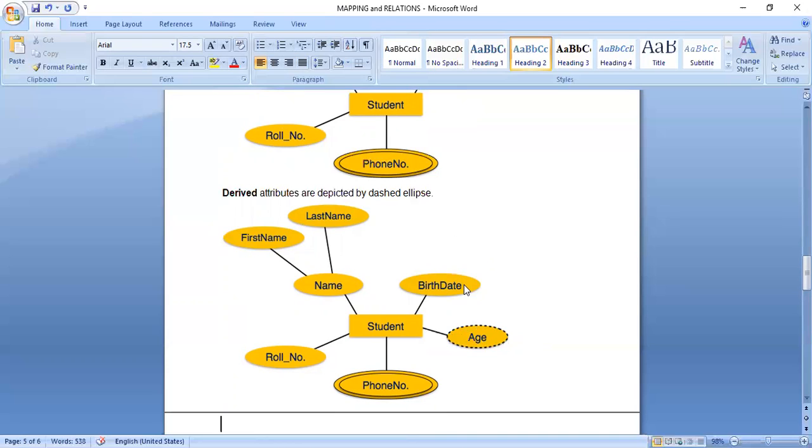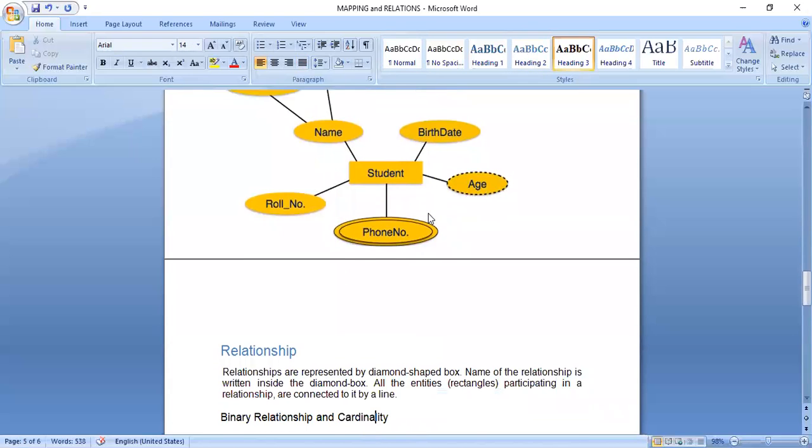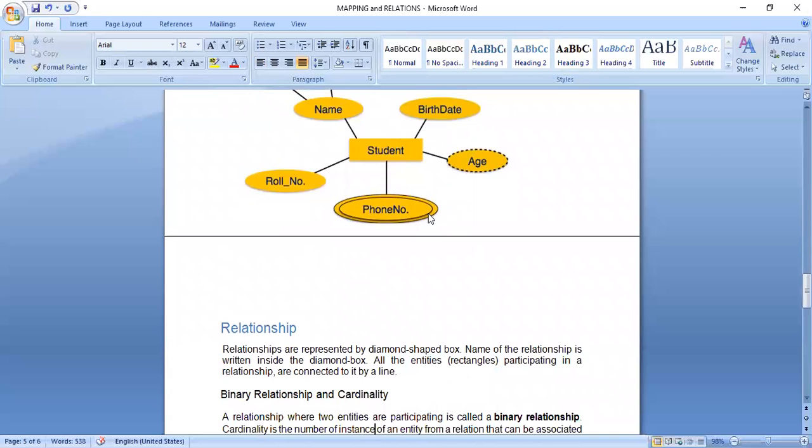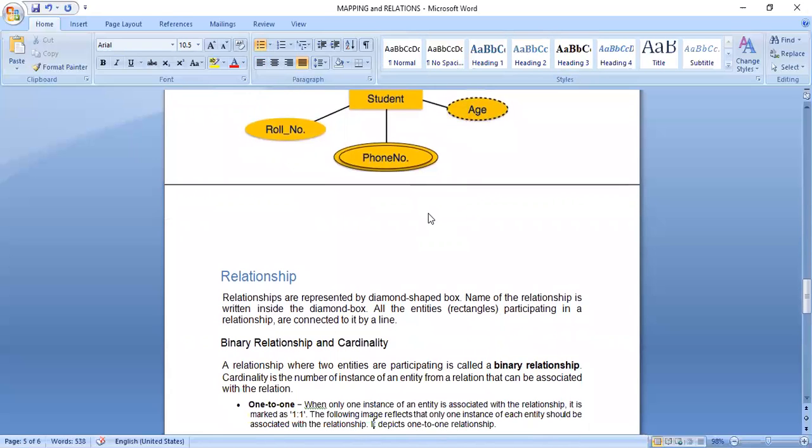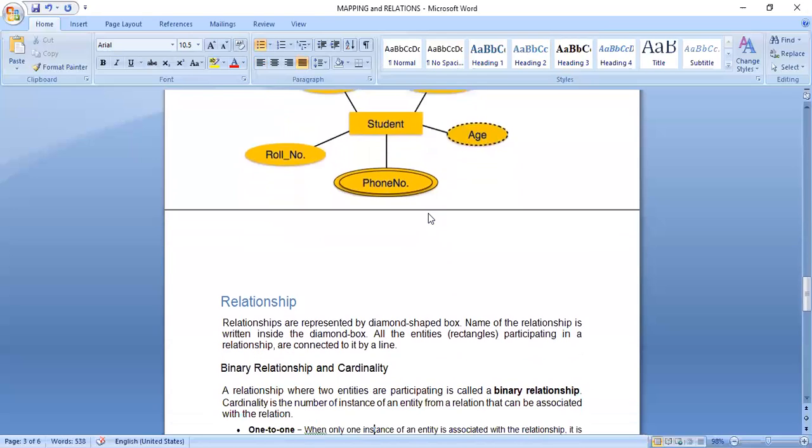If you want to know the age of a particular student at present, you should first know the birth date. So from today, you subtract the birth date, then you get the age. Yes or no? So derived attributes are depicted by dashed ellipses. Derived attributes are those attributes which can be derived from some other attributes. So how many types of attributes have we seen now? We have seen composite attributes, multivalued attributes, and derived attributes.